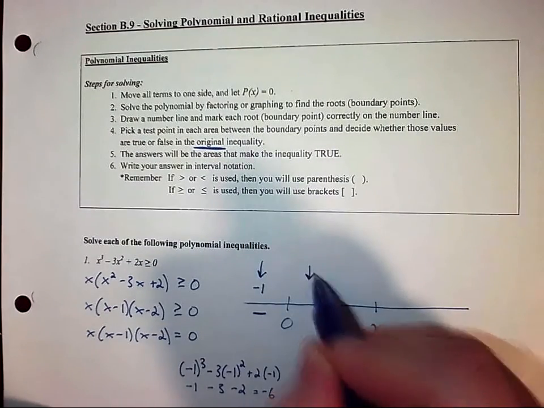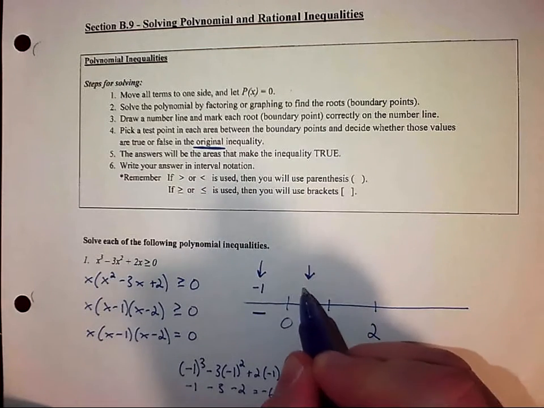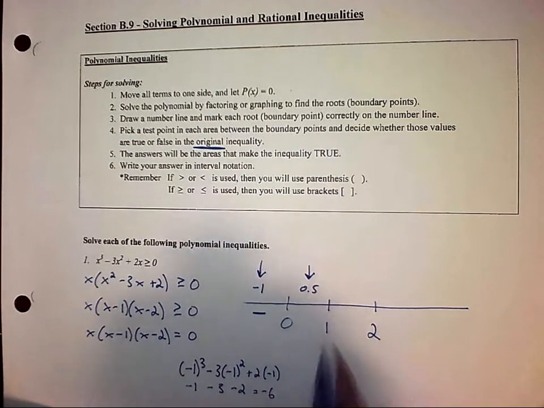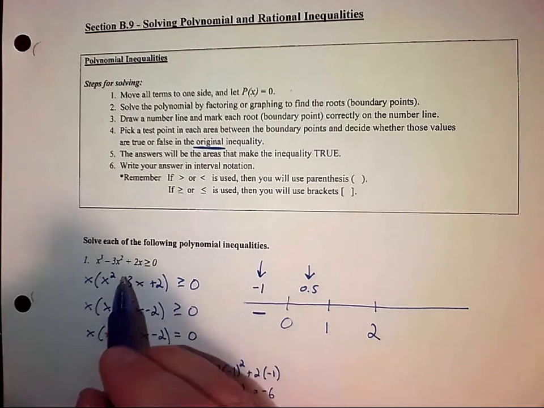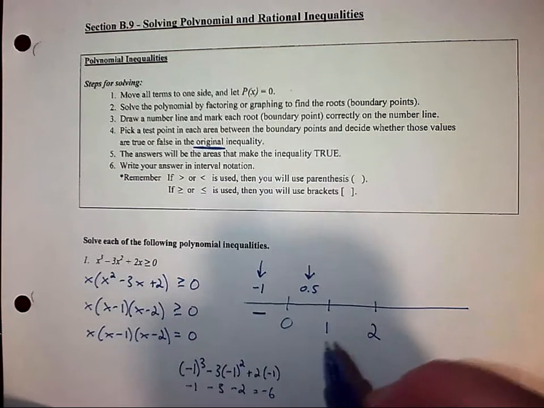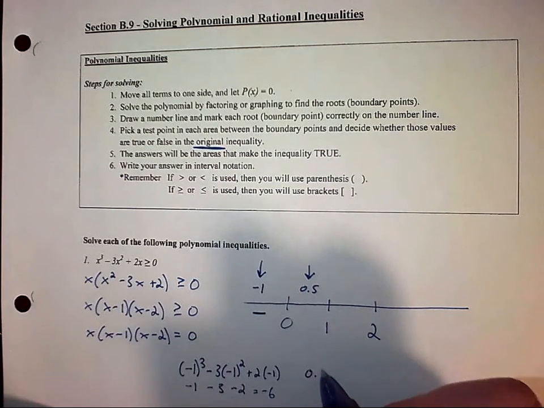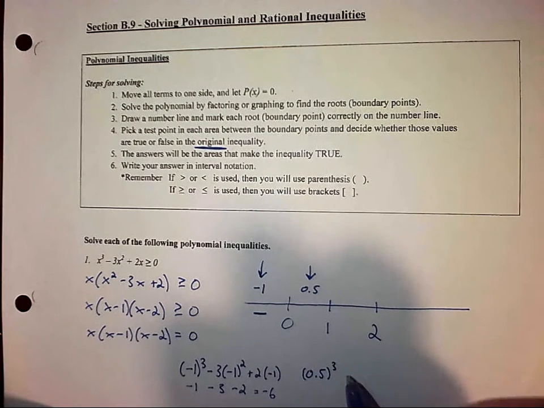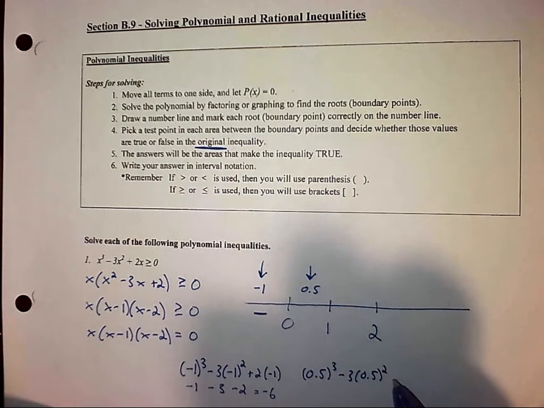Now I want to pick some test value from over here, say 0.5. 0.5 is between 0 and 1. I'm going to do the exact same thing for 0.5. I'm going to plug it into our original polynomial. So we're going to have 0.5 quantity cubed minus 3 times 0.5 squared plus 2 times 0.5.